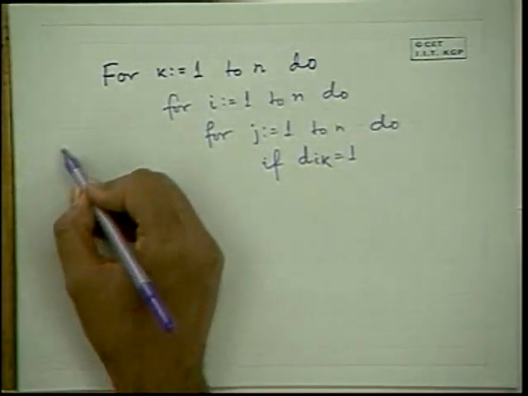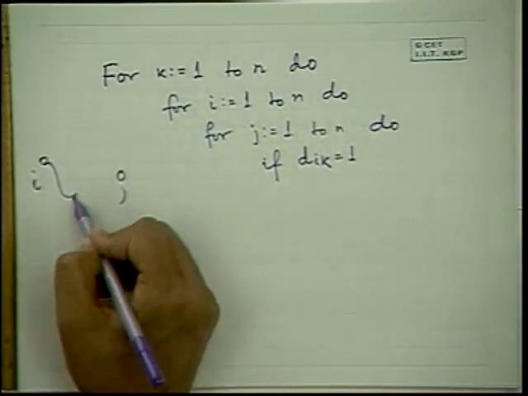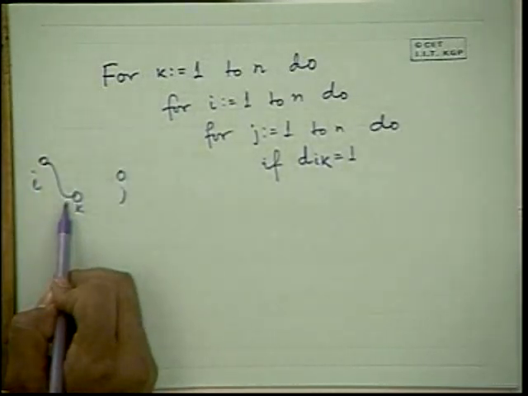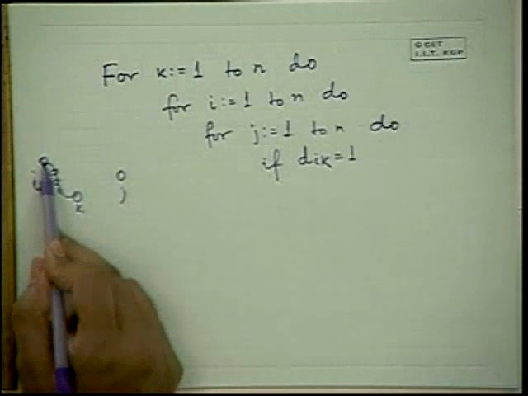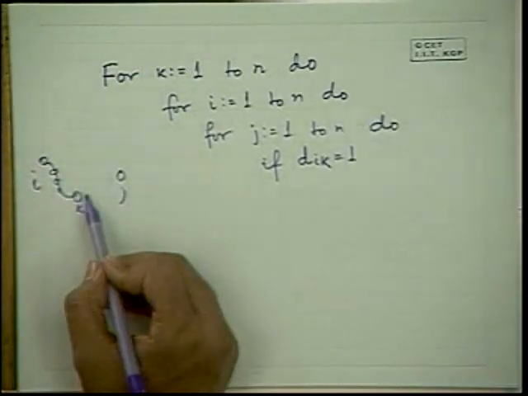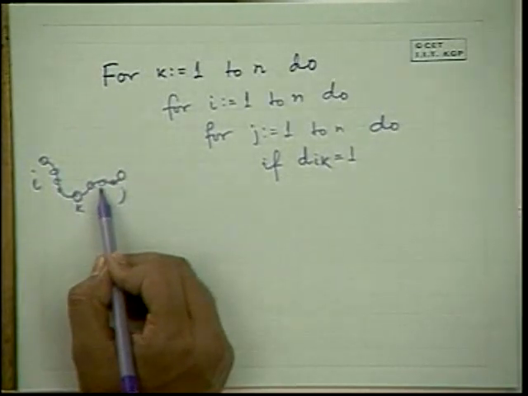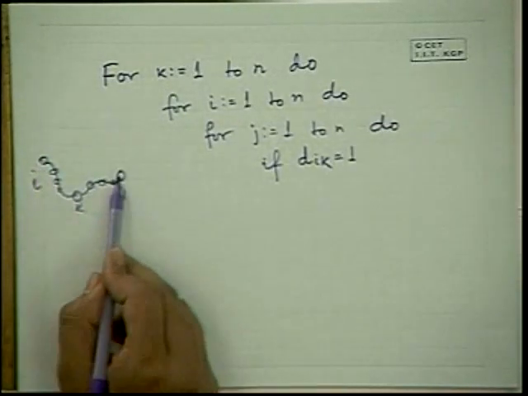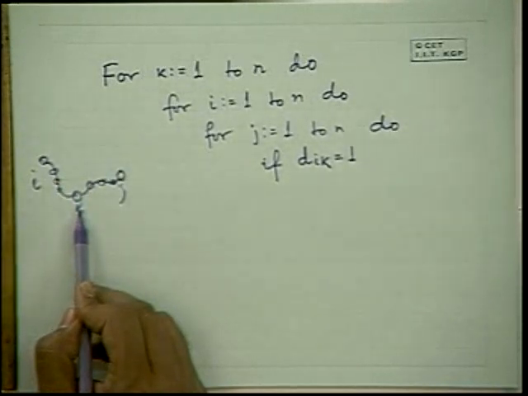So here is i, here is j. We are checking whether there is a path between i and k whose vertices are all less than or equal to k minus 1 except i and k, and there is a path between k and j whose vertices are again less than or equal to k minus 1 except k and j. Then there is a path now from i to j whose vertices all have index less than or equal to k.